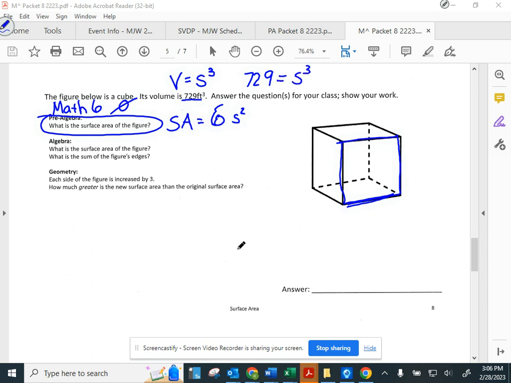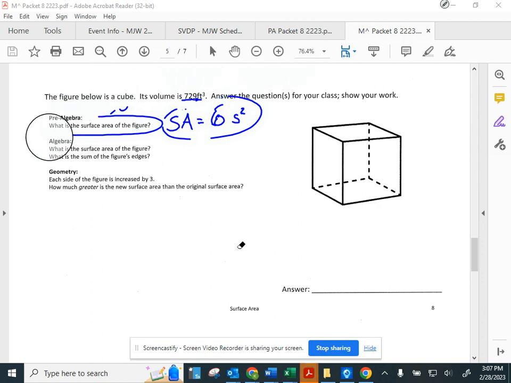So you need to figure out what number, if we multiply it by itself 3 times, side times side times side, would equal 729. Once you know what that number is, you can plug it in to our surface area equation to find the answer. So again, this is not a page that you have to complete for this math packet, but it will count as an extra credit point if you so choose to do this page.